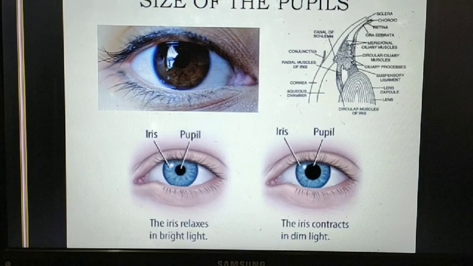Already we have discussed the iris, which is made up of circular muscle fibers and radial muscle fibers. As already explained, contraction of the circular muscle fibers constricts the pupils, and contraction of the radiating or radial muscle fibers dilates the pupils.